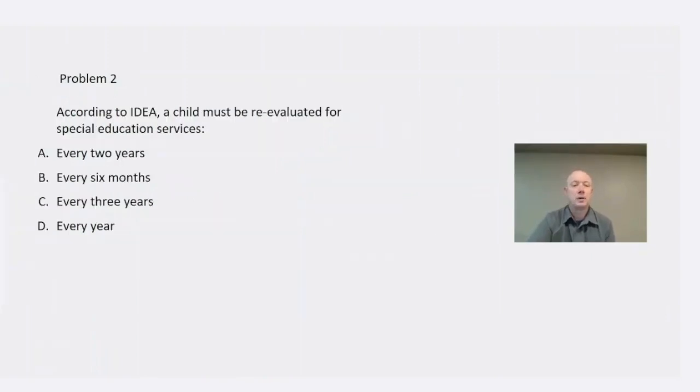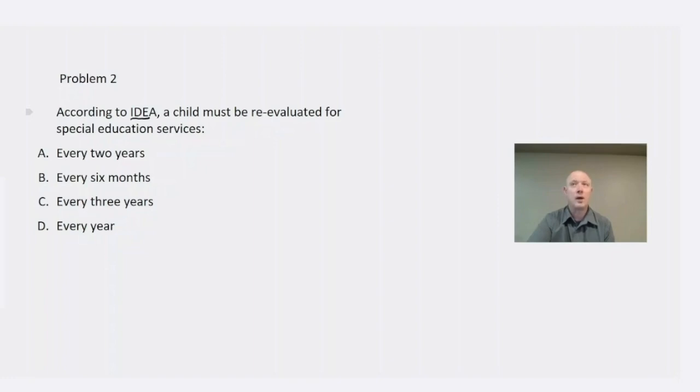Problem 2. According to IDEA, a child must be reevaluated for special education services, A, every 2 years, B, every 6 months, C, every 3 years, or D, every year. So first off, what is the IDEA? It's the Individuals with Disabilities Education Act, and what we're doing is seeing if they qualify for special education services.